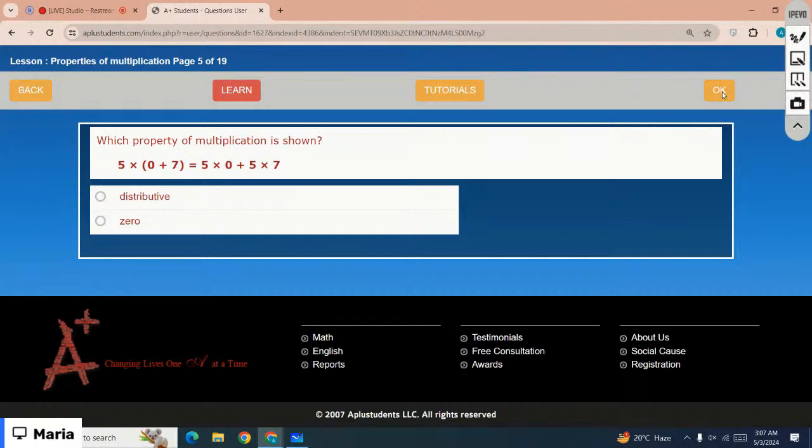The correct option is distributive property. Very good.